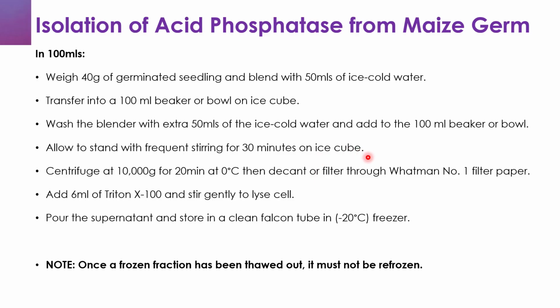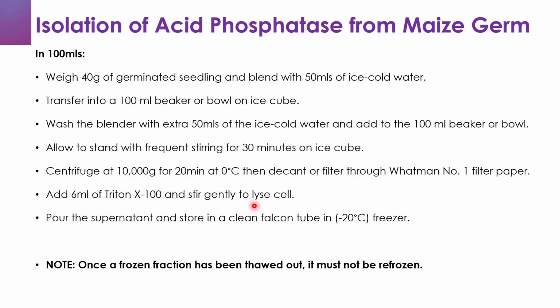After that, we centrifuge at 10,000 gravity for 20 minutes at 0 degrees Celsius. Then we decant or filter through Whatman #1 filter paper. After doing this, we add 6 ml of Triton X-100 as a detergent and stir gently to lyse the cell.